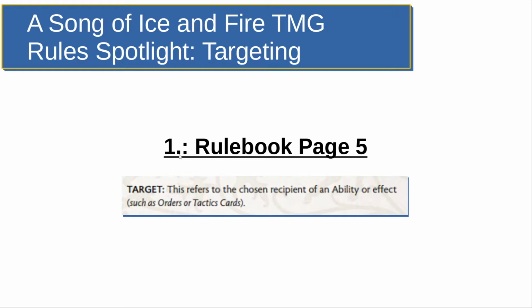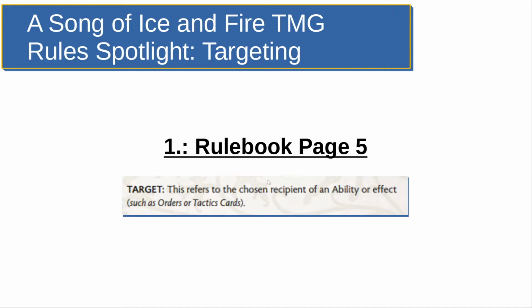The first thing in the rulebook, on page 5, is this sentence where the keyword target is explained. It says: target. This refers to the chosen recipient of an ability or effect, such as orders or tactics cards. The most important thing here, in my opinion, is the word chosen, which implies that there has to be a choice made by the player who uses the ability or the effect.